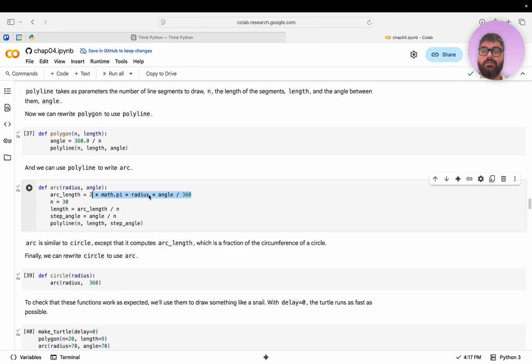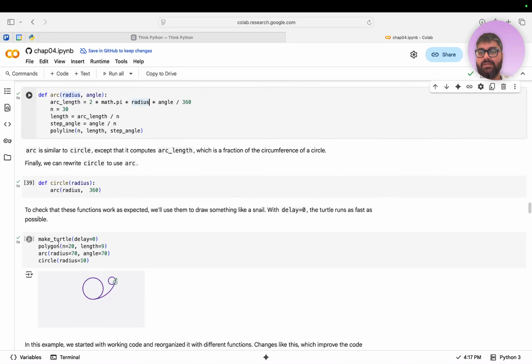So 2 pi r is the circumference, and then times angle divided by 360. I don't know about times angle. Yeah, times angle divided by 360 kind of makes sense. Anyways, I would have to draw this out to check if this all mathematically checks out, which I'm pretty sure it does. And then we do def circle, which is just radius, arc radius 360.